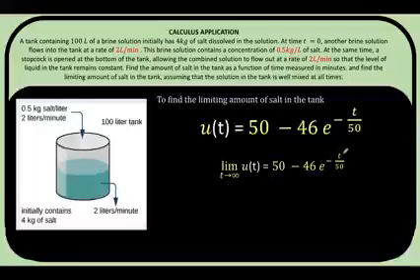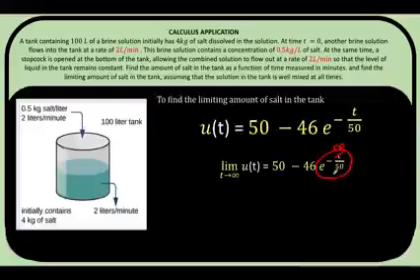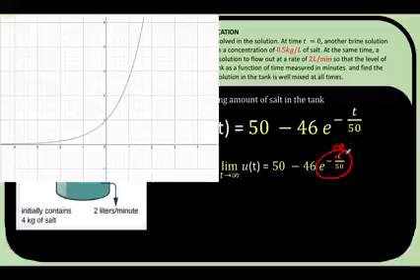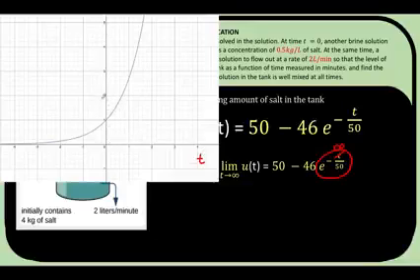Now, what happens to e raised to negative t over 50 as t approaches infinity? We can visualize what's happening to this quantity by going back to the graph of e raised to t. Here, the horizontal axis is the time. The vertical axis is the value of y equals e raised to t.